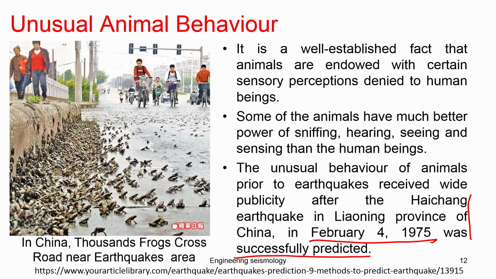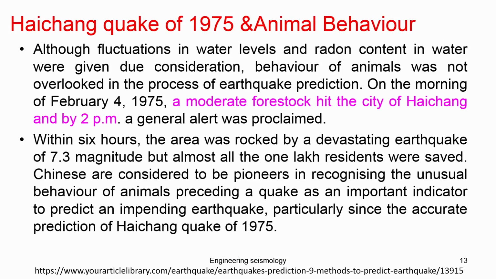Now, the Haicheng earthquake, and what happened. Although fluctuations of the water level and radon content of the water were noted, the behavior of animals was not overlooked in the prediction process. They observed animal behavior and also other predictive methods that some people understood at that time, like fluctuation in the groundwater table and the release of radon gases.